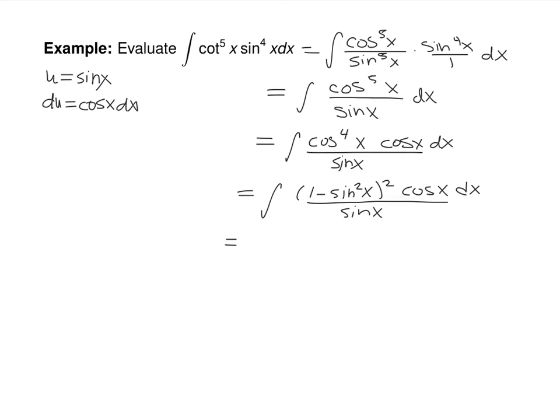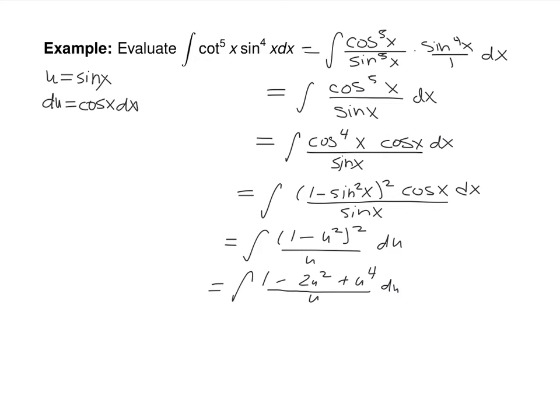Now we can make our substitution. So we have the integral of (1 minus u squared), the quantity squared, over u du. Let's do some algebra and expand. We have 1 minus 2u squared plus u to the 4th over u, and dividing each term by u, we get the integral of 1 over u minus 2u plus u to the 3rd.